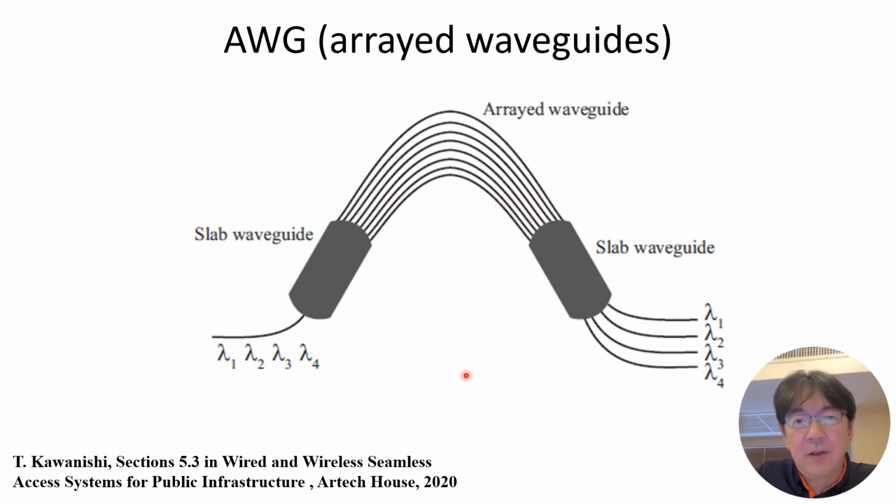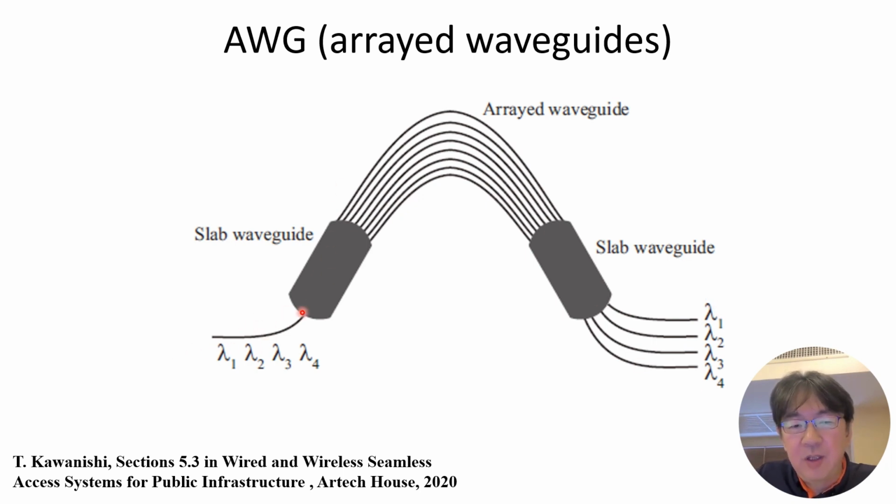Okay, here is an example of a multiplexing device. The name is AWG, Arrayed Waveguide Grating. By using the interference between the optical signals, we can combine, for example, the 4 WDM channel signals here.